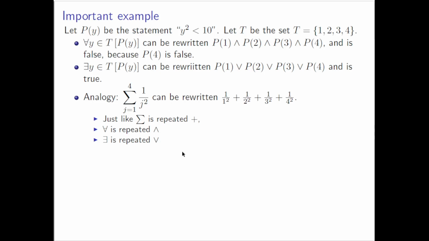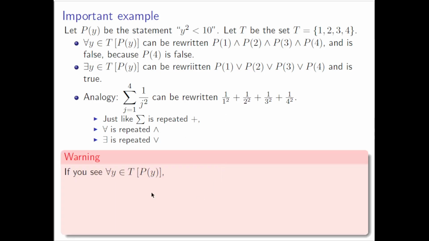And actually, there's another important lesson hidden in here. If you see for all y in t, p of y, don't think that it's there exists y in t such that p of y. We've discussed that issue, so that's not a new warning. But here's an additional thing. Don't think that this is just p of y alone.